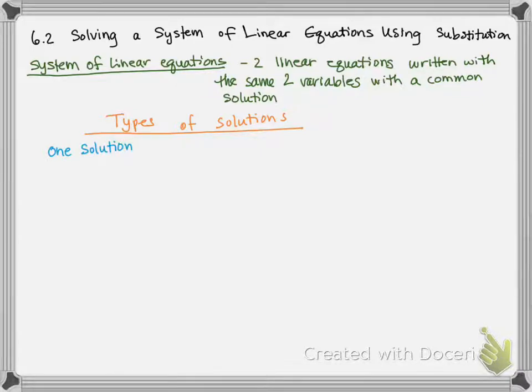If we graph it on axes, and this is just a rough graph, the lines are just going to intersect in exactly one spot, okay? So that's going to be your solution to both of them.